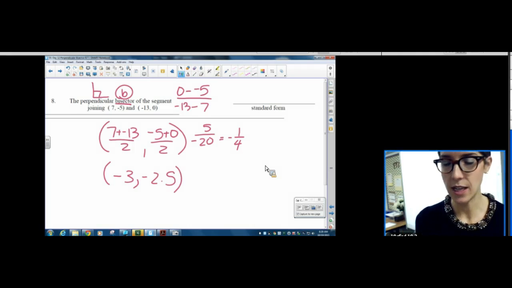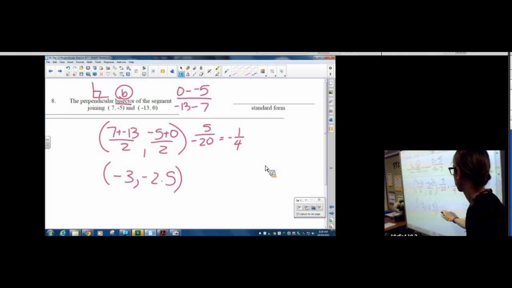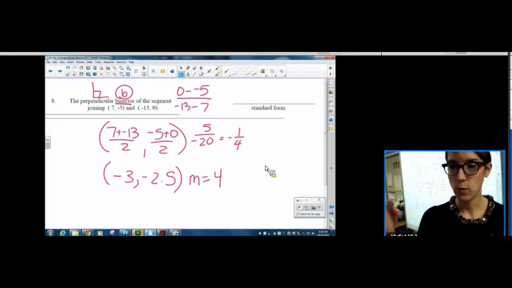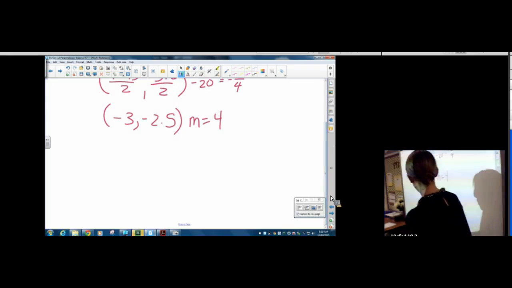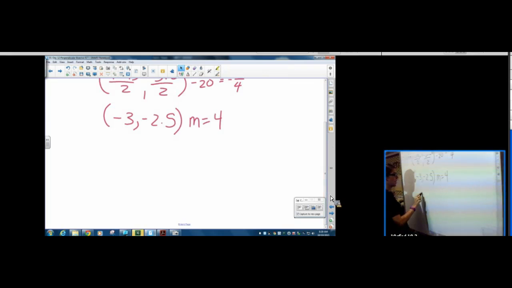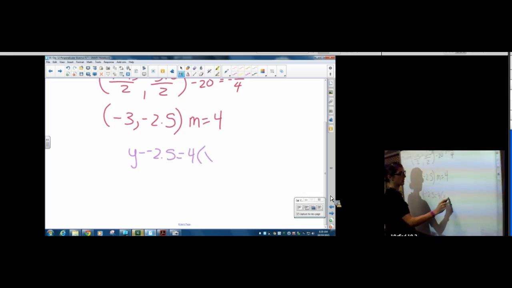So perpendicular to -1/4 would be 4. So we have a point, we have a slope. We're ready to write the equation of our line. So point-slope form says y minus y1 equals m times x minus x1.